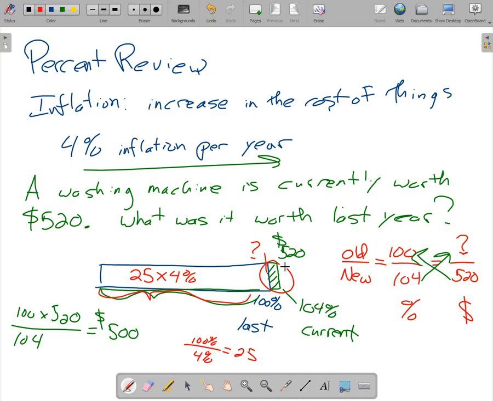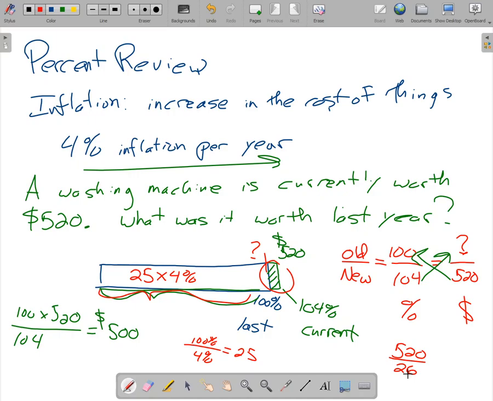Plus, I have that 4% on the end, so how many 4% chunks are there altogether? 26. So another way to solve this would be to say, we'll figure out just how much a 4% chunk is worth in dollars. So what's 520 divided by 26? 20.